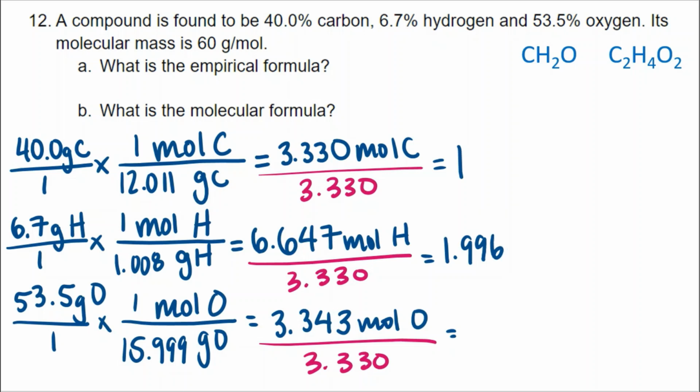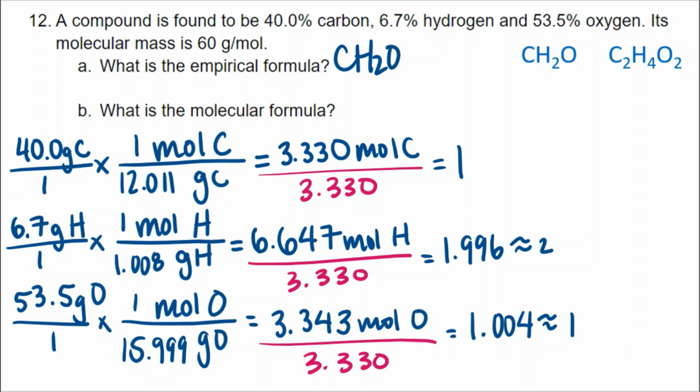And then this last one here is going to give us something very close to 1. So the answer that I get here is 1.004. So these are all safe to round. So we're just going to round this to 2, and we're going to round this to 1. So that means that my empirical formula is CH2O.